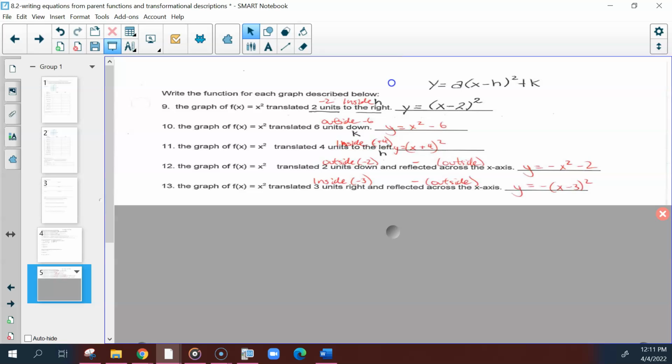And then 13 was y equals or f of x equals negative, then in parentheses, x minus 3, and then outside of that squared. If you have questions on any of those, not sure about something, want to check something, clarify something.